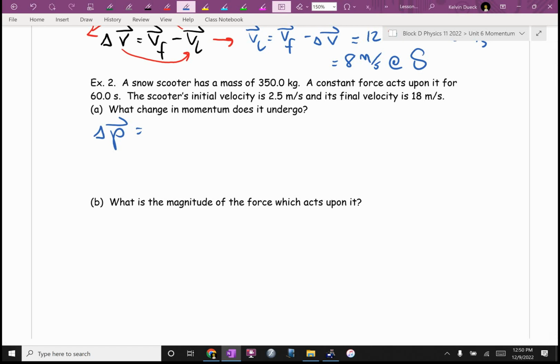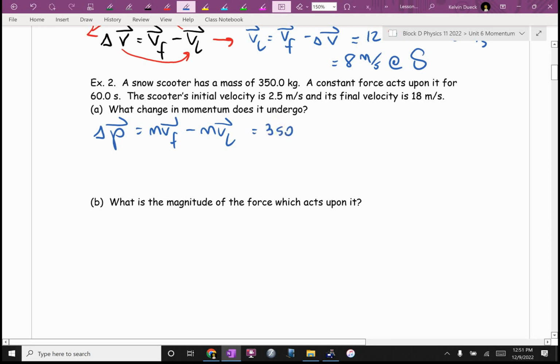Ask which one you can use. How do you know? Did they give me a final velocity and an initial velocity? Yeah. Instead of writing m delta V, I'm going to write it as m V final minus m V initial because I think that's a little easier to type in my calculator. Cool, keep going. What's the mass?